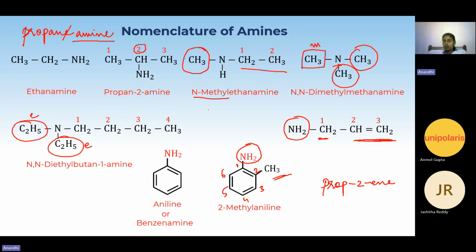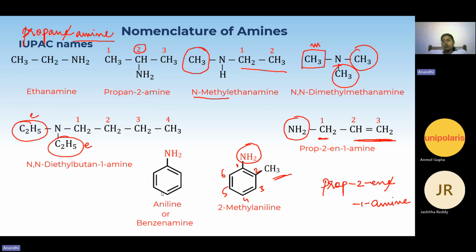That amine is attached to carbon number 1, so you remove the E and add amine. So the name of the compound is prop-2-en-1-amine. Clear? Okay. So this is the IUPAC name of the compounds which we have discussed in the previous one.